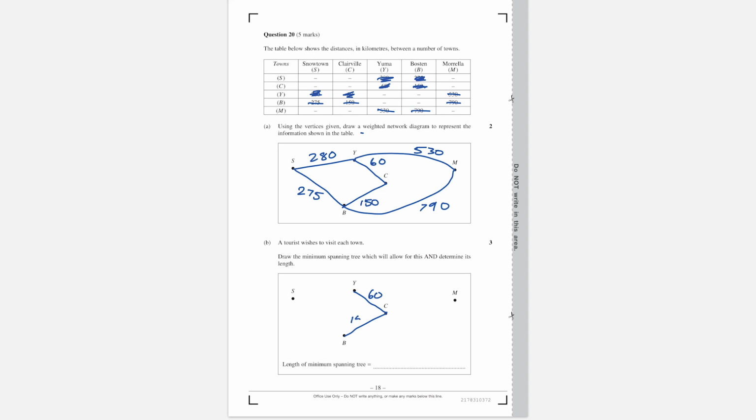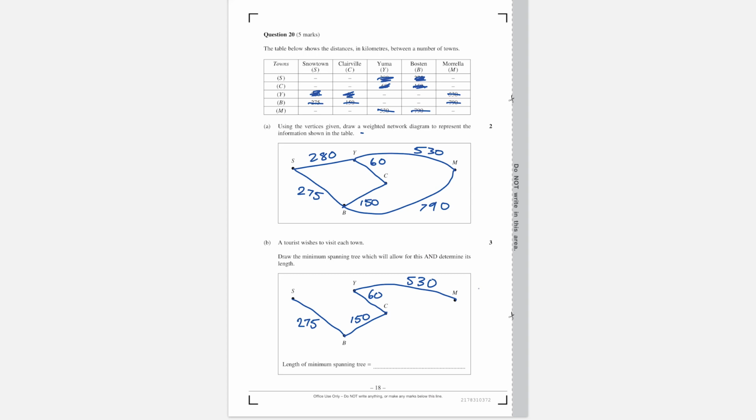And then our next biggest number would be 275, connecting S and B. And then our last vertex is M. And we have two choices. We could go for YM for 530, or we could go for BM for 790. And we're going to pick the smallest number, which is 530.